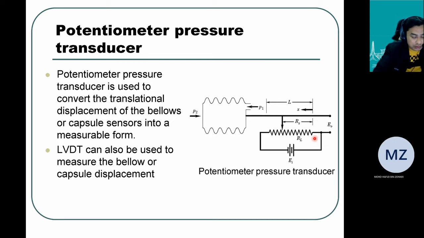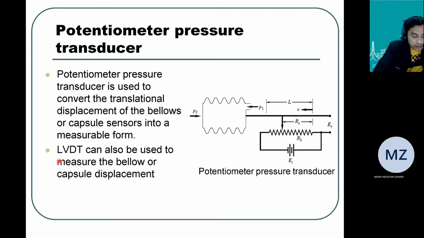We also can use another concept, which is LVDT, linear variable displacement transducer. For the potentiometer, we look at the variation of electrical signal by the potentiometer.